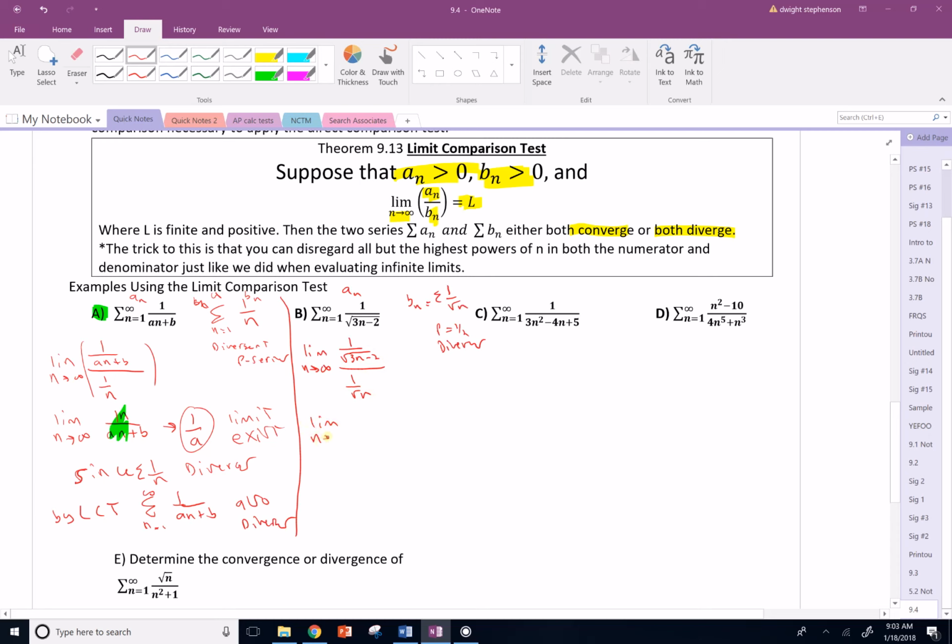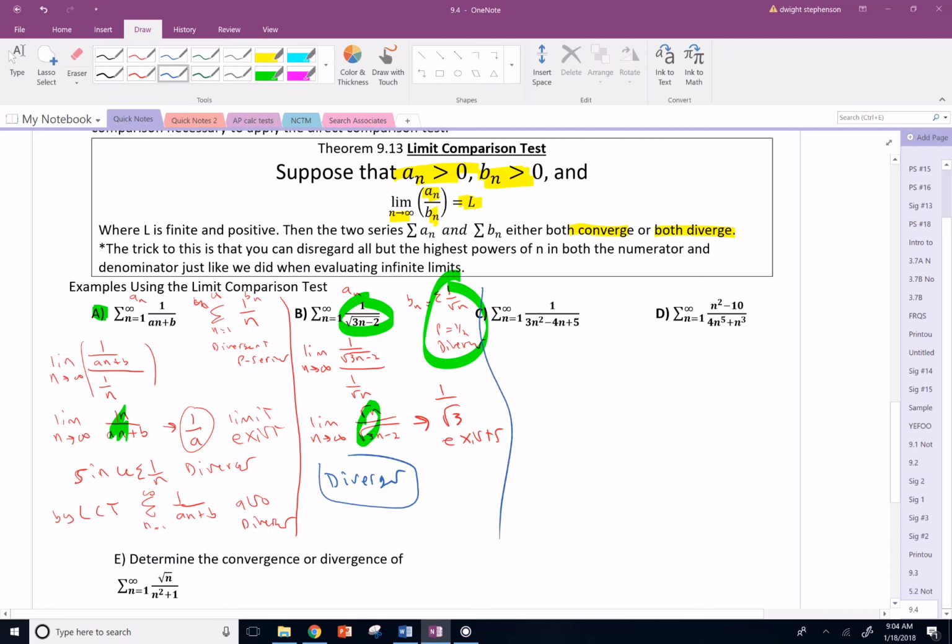Simplifying again gives us square root of n over square root of 3n minus 2. Again, this 2 becomes insignificant, and all we're left with is square root of n over square root of 3n, which converges to square root of 1 over square root of 3. So the limit exists, which means that since we know b_n diverges, this one must also diverge. So the series diverges.